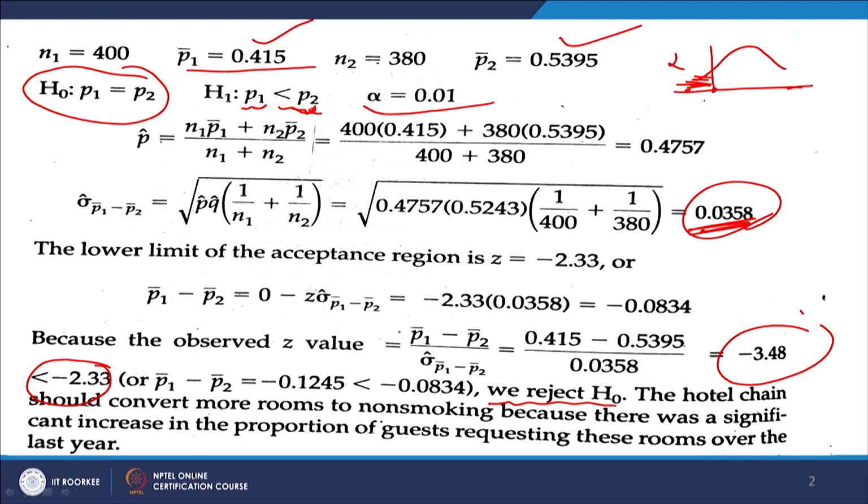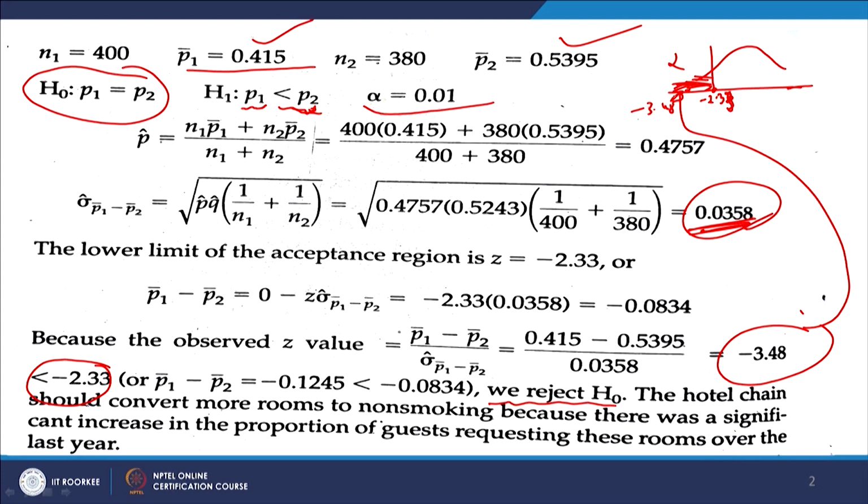The critical value is minus 2.33, and the calculated value lies somewhere here, which is in the rejection range. So, we will reject the null hypothesis.